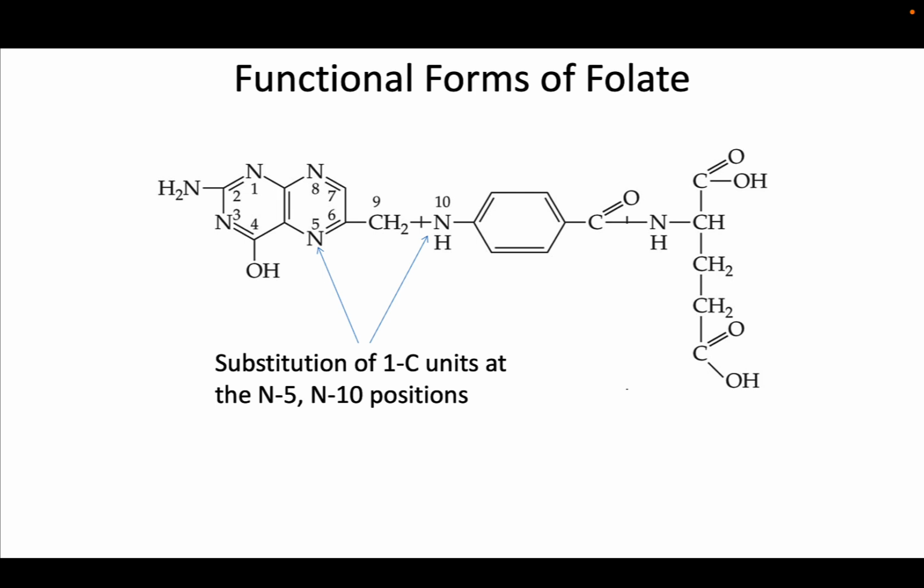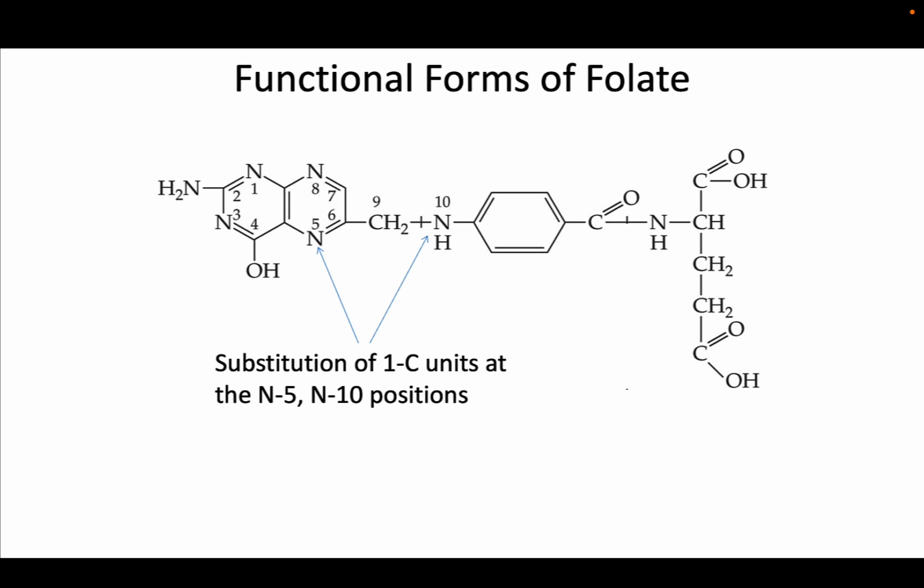On previous slides, I've mentioned a couple of the different major forms of folate, and so I just wanted to point out where those substitution locations are. So if you remember from organic chemistry, you often have to order all of the components of a structure based on their importance, and so you start at 1 and then move around until you count all of the individual elements.